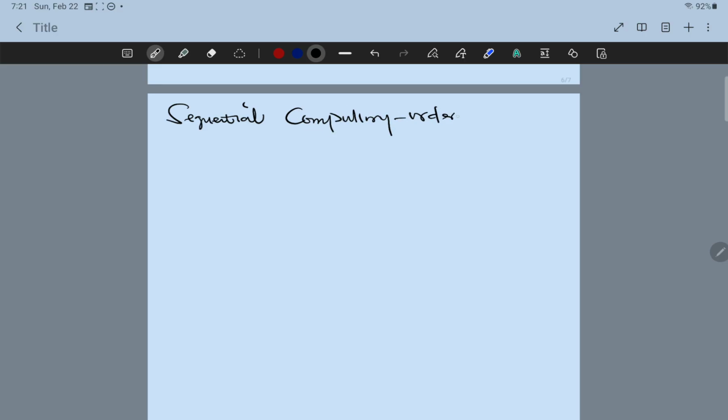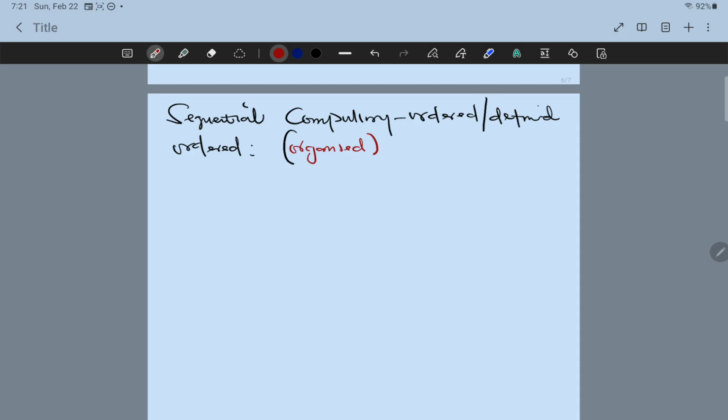Now, again, we have what we call the sequential compulsorily ordered mechanism, or the defined ordered. Here, in this case, there is order. So there is organization. Everything here is organized.